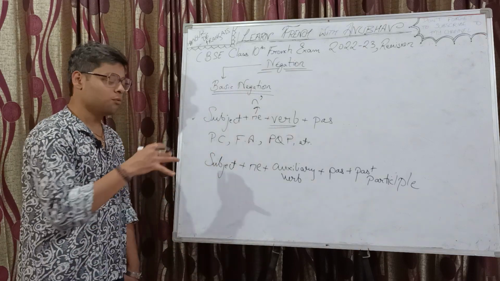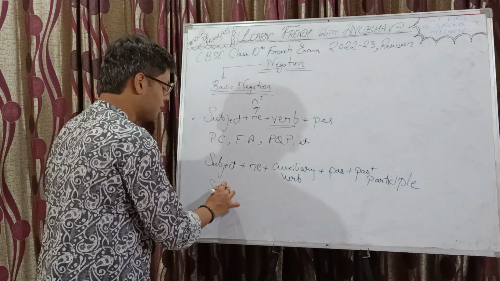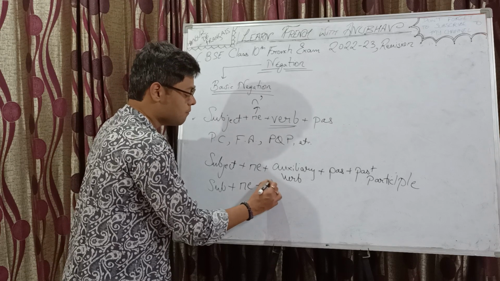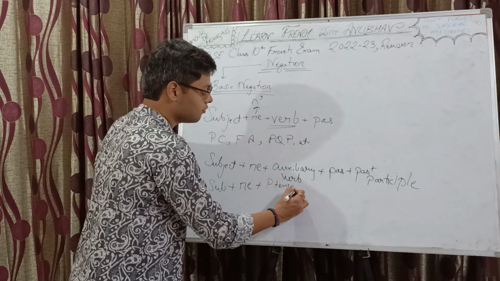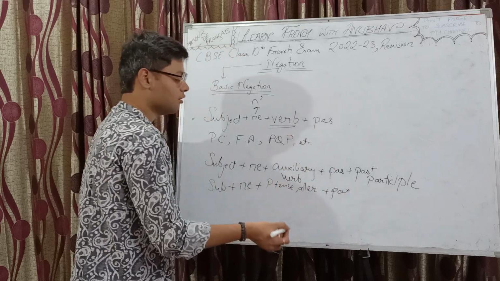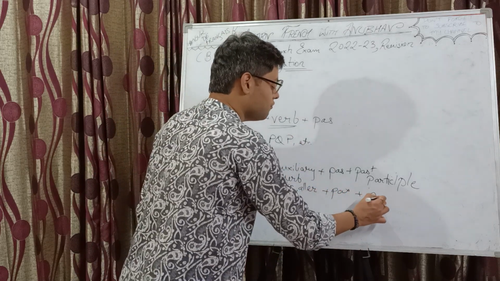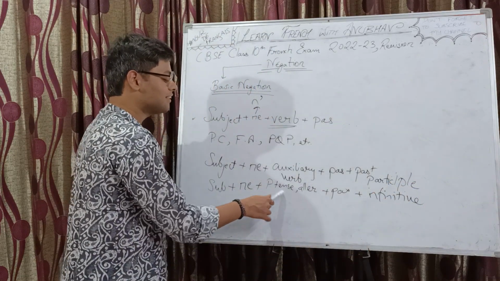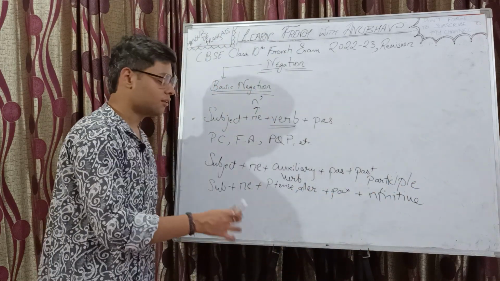How do we do it in futur proche? In futur proche, subject plus ne plus the present tense conjugation of aller plus pas plus the infinitive. Futur proche has the format subject plus the present tense conjugation of aller, then the infinitive.